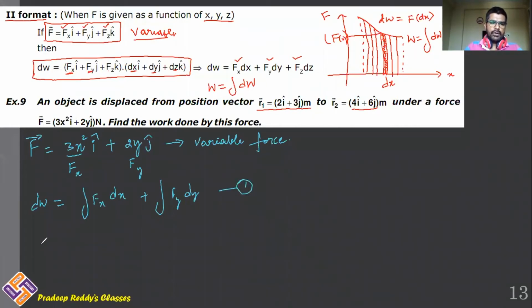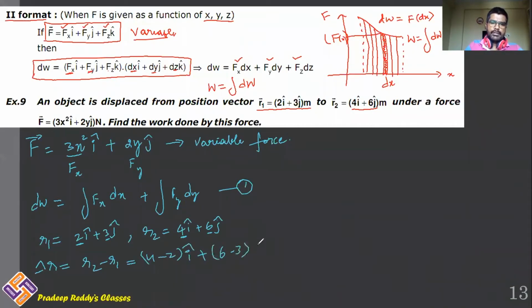In this, you are given R1 is equal to 2i cap plus 3j cap, and R2 is equal to 4i cap plus 6j cap. This is x1, this is x2, this is y1 and this is y2. I can now write delta R is equal to R2 minus R1, which is (4 minus 2) i cap plus (6 minus 3) j cap.